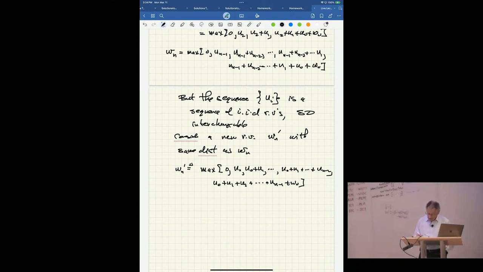Now, this is getting a little cumbersome, so let's make a new definition. Let capital U sub n be defined as a sum of these u's. Namely, it's a sum from i equals 0 to n minus 1 of little u sub i, and define u sub 0 to be 0.